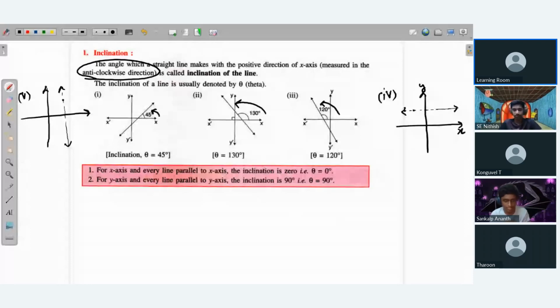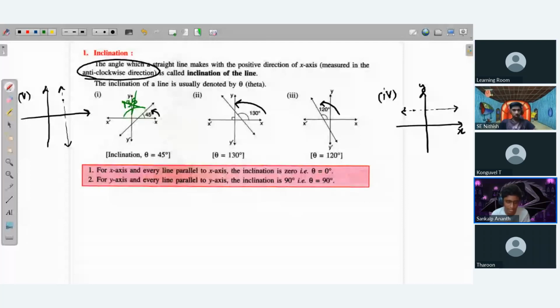So for example, in the first case, you can also say that the line is making this angle with the x-axis, which is exactly equal to 135, but we don't take this angle. We take it from the right half of the x-axis in the anti-clockwise direction.